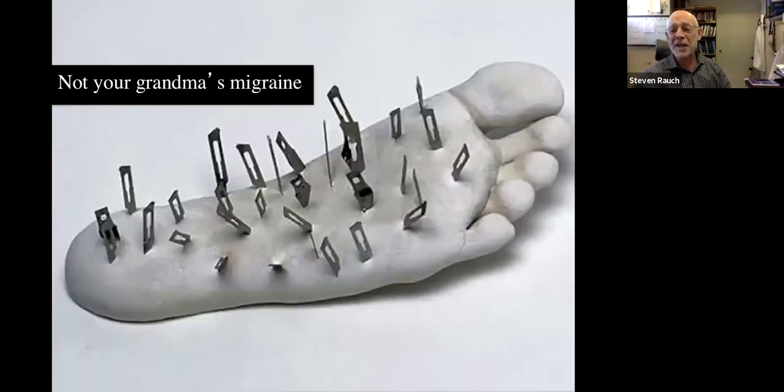Migraineurs don't process other sensory inputs normally. Pain is intensified, numbness, tingling, dysesthesias. And when you start listening to a migraineur, it reminds one of the fairy tale of the princess and the pea, if you remember that story.